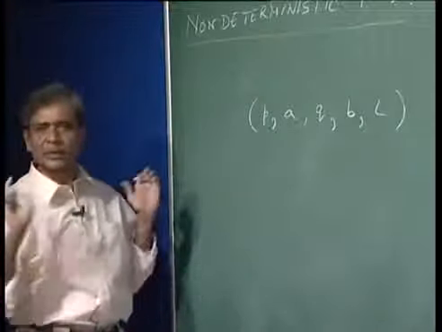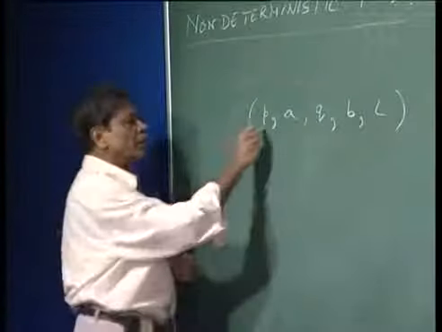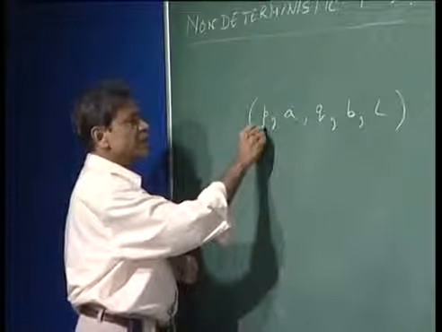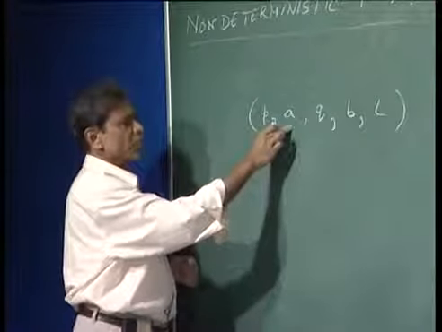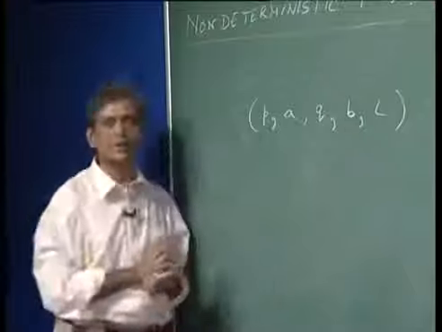But suppose we have a Turing machine where for identical values of the first two components, we had several different quintuples.